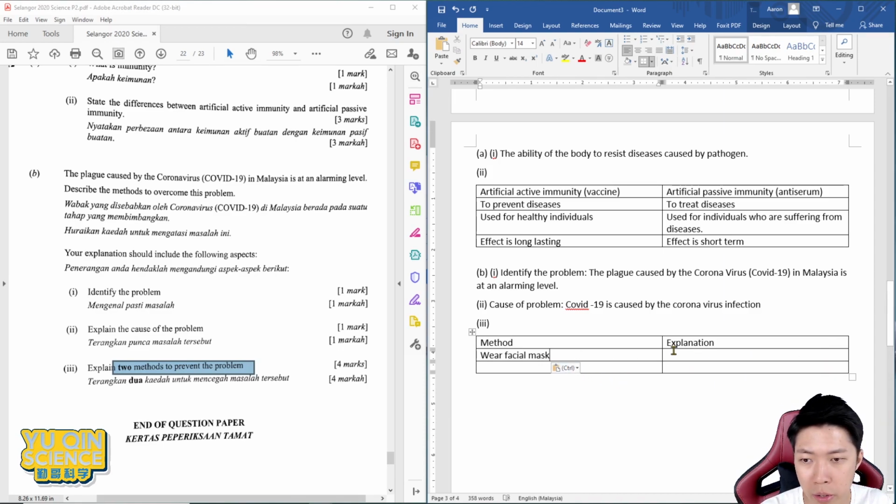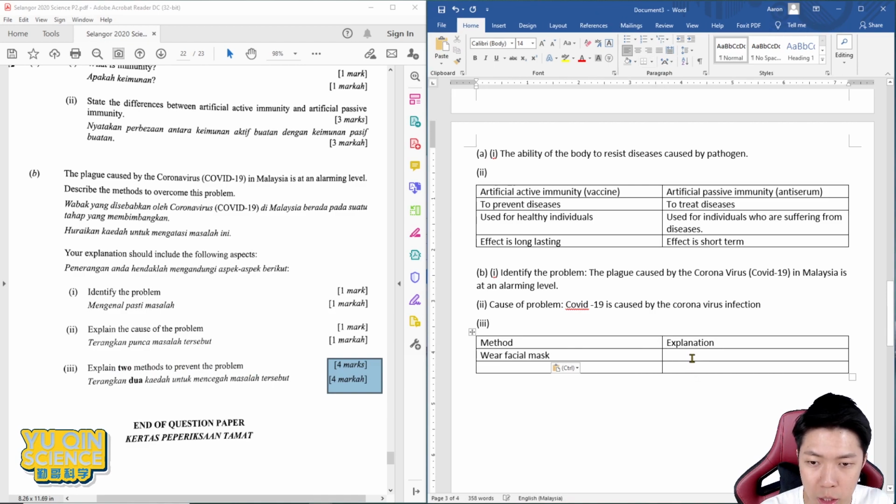Wear facial mask. Then we have to explain for 4 marks here, everybody. So 2 methods, 2 marks, 2 explanations, another 2 marks. Why facial masks?